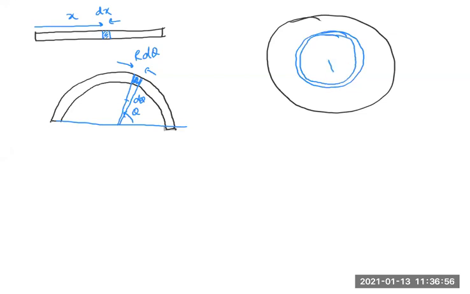You take the radius of the ring as small r, and therefore the thickness of the ring will be dr.